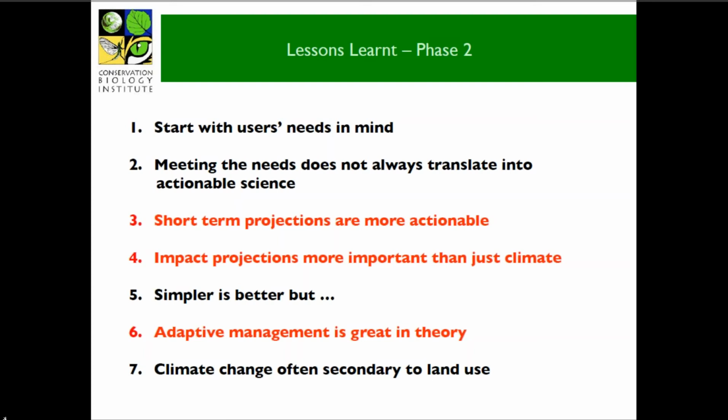And can our tool help develop new strategies or reinforce the fact that they could use the same strategies because it would work well? And the last lesson was climate change is often secondary to land use. Sometimes today's land use can really affect the vulnerability of a particular site, and so climate change would be the cherry on the cake and really exacerbate what potential impacts land use had already created there.